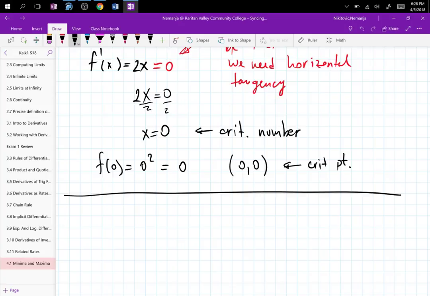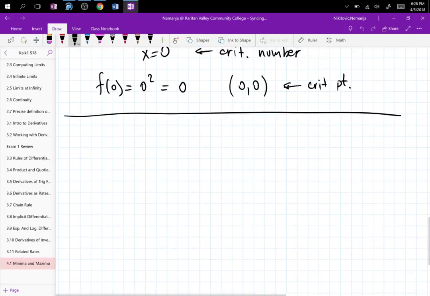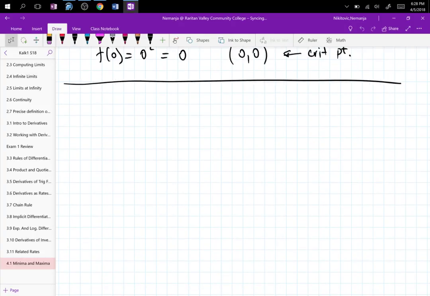We know it's a minimum, we know it's absolute minimum, and we knew where it happens even without calculating. But the method shows you that we are able to compute this. So let's take a look at a different function to come up with this.